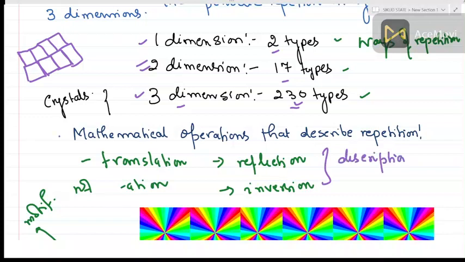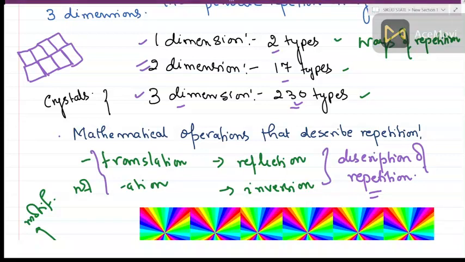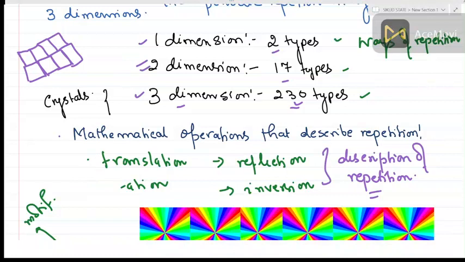Description of repetition: this repetition process is described by some mathematical operations, and these are of course types of motion you have studied in your preliminary classes. Now these types of motion are going to produce the repetition. How it will produce the repetition, we will see.